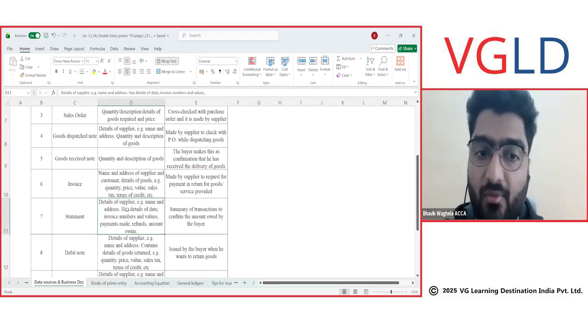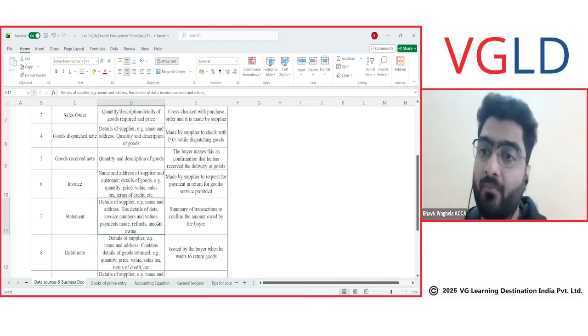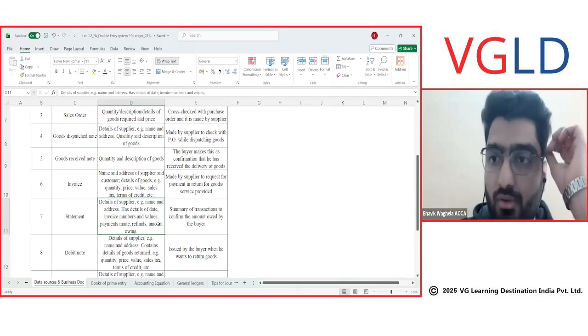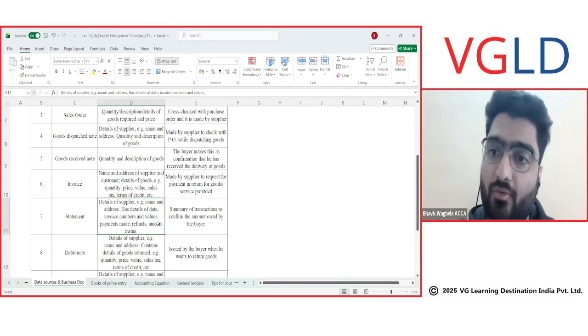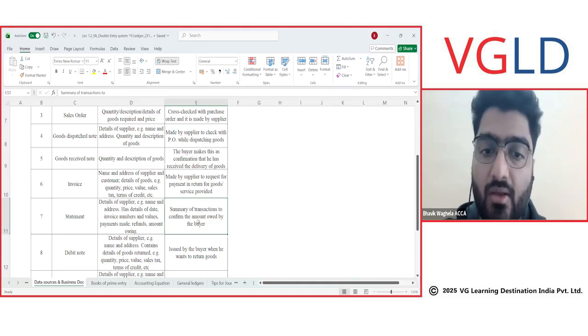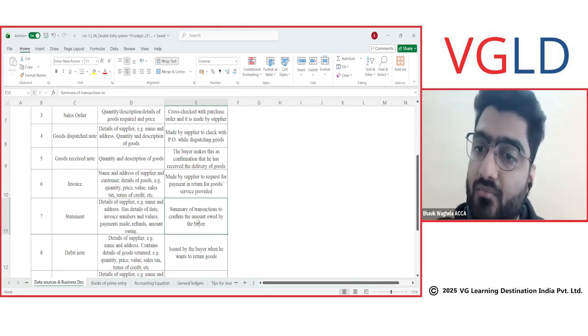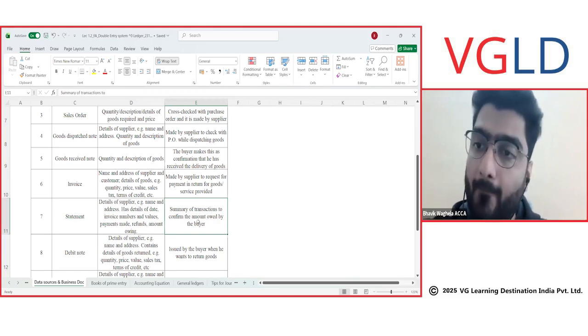This will include details of supplier, for example name and address, details of date, invoice numbers and values, payments made, refund, amount owing, etc. So in short, it includes the summary of transactions. For example, goods worth 1 lakh were sold, out of which we have received payment for 80,000, and 20,000 is balance. So this is what a statement means: a summary of transactions to confirm the amount owed by the buyer. We send a statement saying, listen, this is the amount that you owe us.